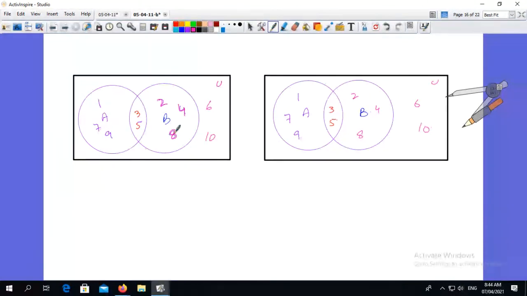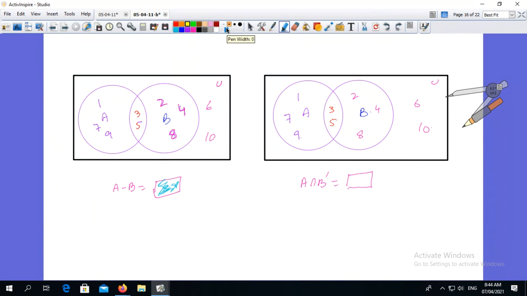Now I shade the required answer. A minus B, and A intersection B complement equals this. Whichever color you want to use, I choose this.